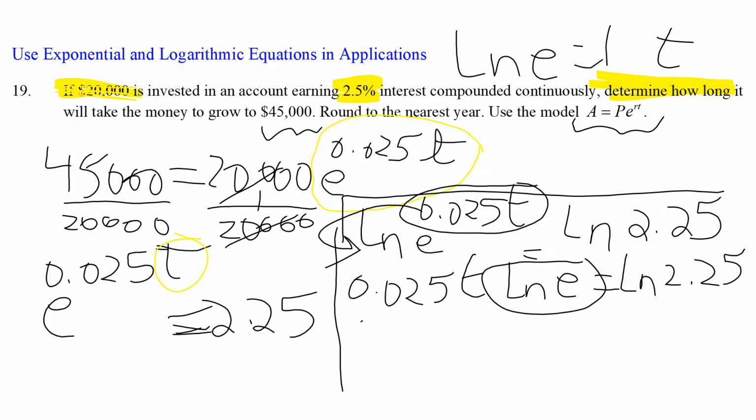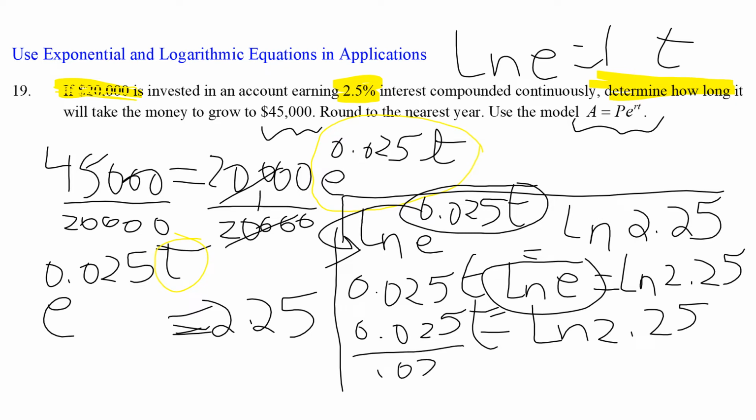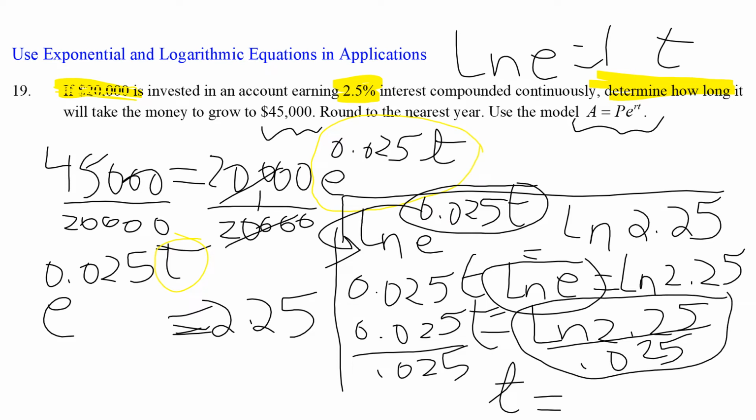So it's like I have 0.025t is equal to ln 2.25. Now, to isolate the t, you're going to divide by 0.025. So t, you can enter this on your calculator. I'm going to end up with t being 32 point, I already entered this in my calculator, years.